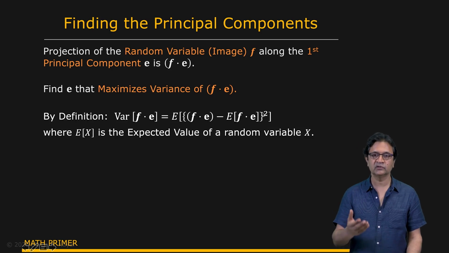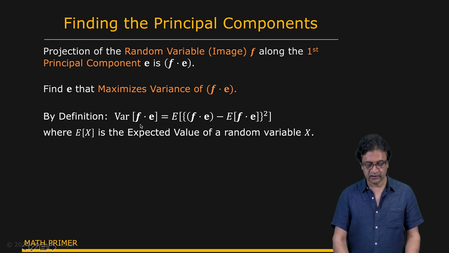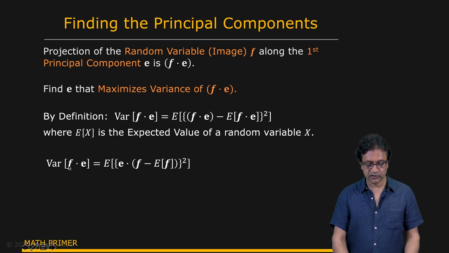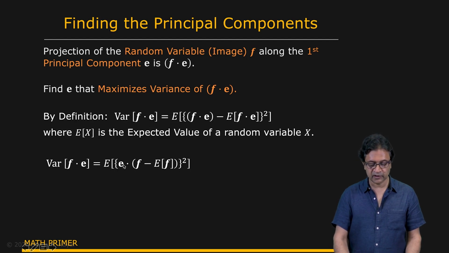That's the definition of the variance that we are using for f dot e right here. And you can rewrite that. The variance of f dot e is the expected value of, we can pull e out, and that's because e is not a random variable, it's a constant in our case that we are looking for. So it's e dot f minus expected value of f, that whole thing squared.